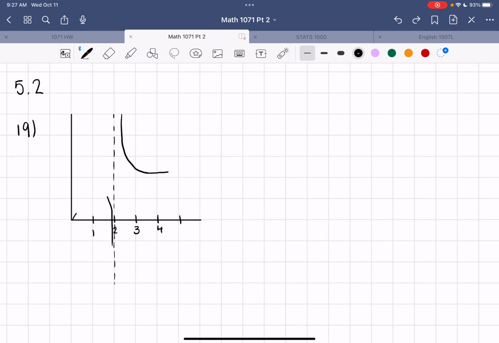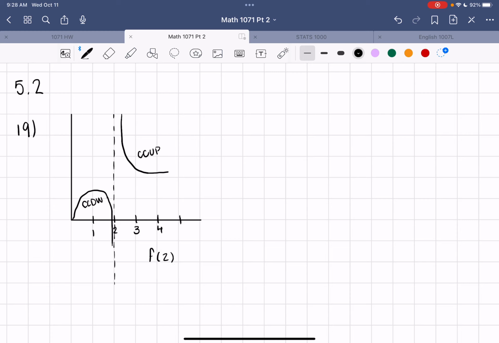So in fact, this here is a vertical asymptote. And you agree that f of 2 does not exist. F of 2 is simply this vertical asymptote. There's no y coordinate for f of 2. It doesn't exist.